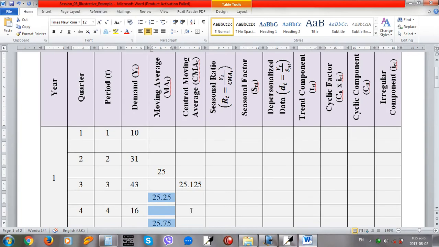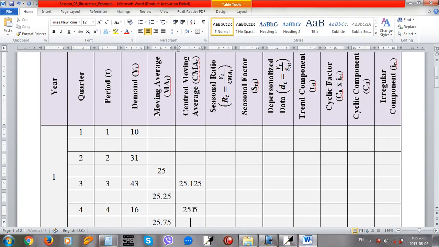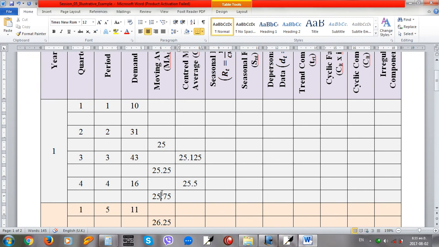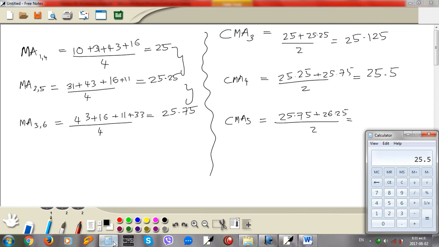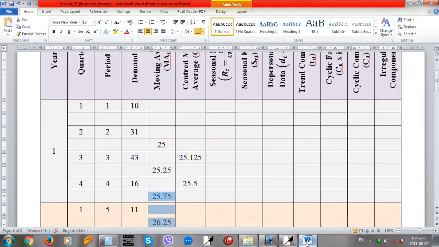Then you add 25.5 here. For the next value you consider 25.75 and 26.25, so 25.75 plus 26.25 divided by 2, and the value comes as 26, right? By following this procedure you can find the other values also.